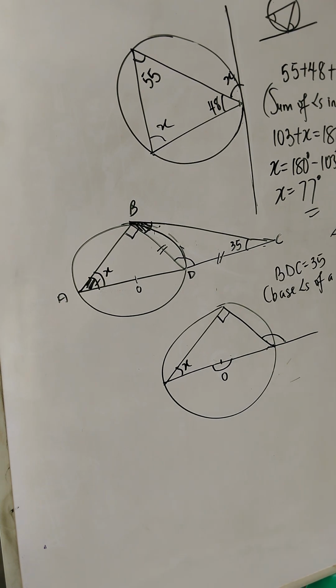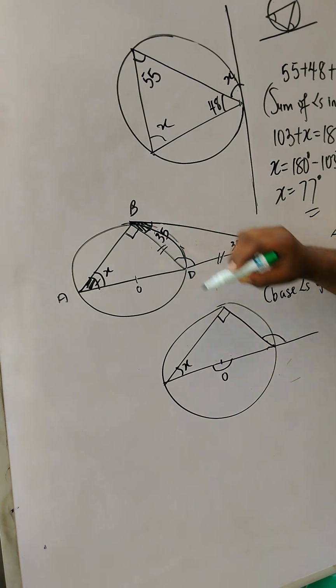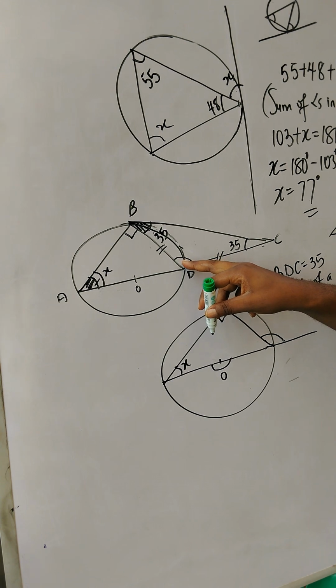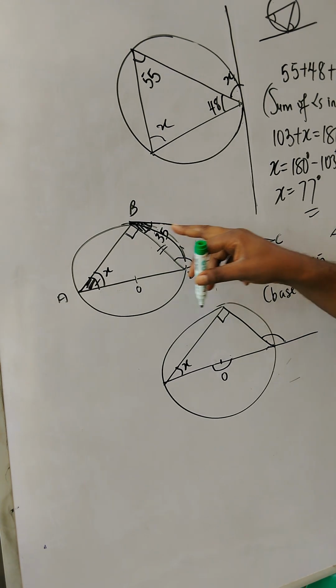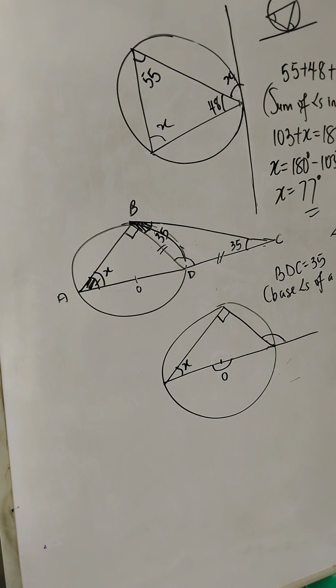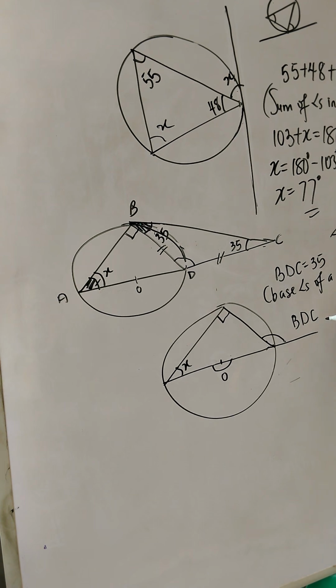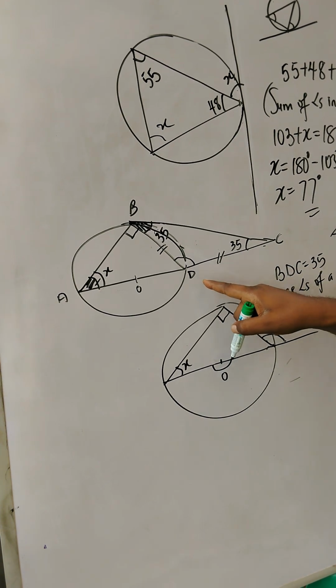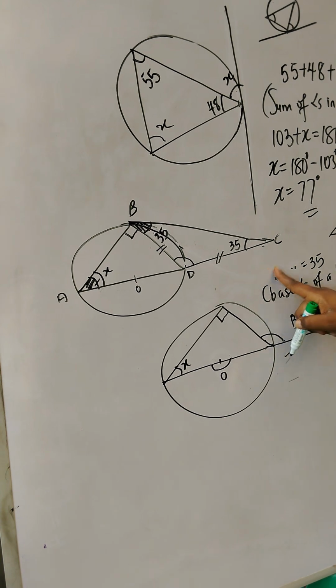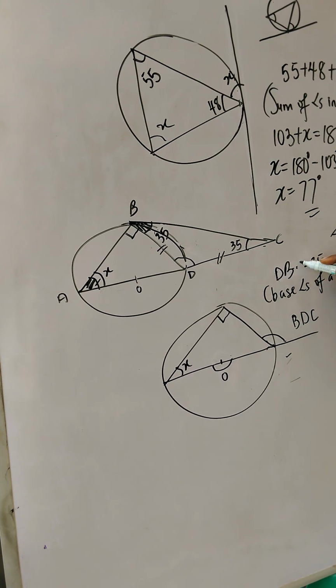Now the next thing is we know here to be 35. Now we need here. So 35 plus 35. No, this one is DBC.